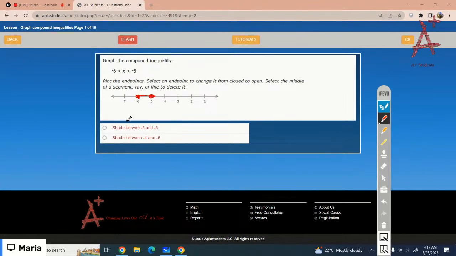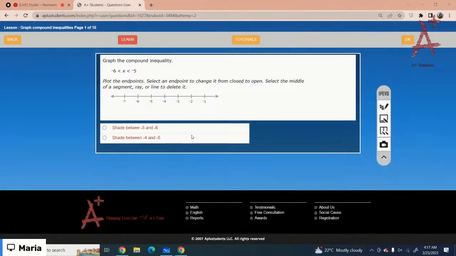It looks like this. So the correct option is shade between negative 5 and negative 6. Got it? Option number 1 is the correct option.